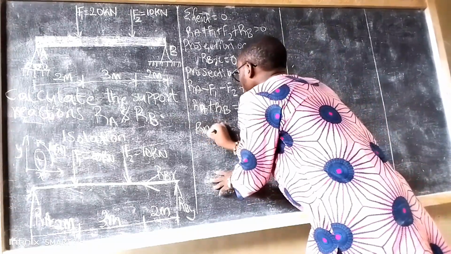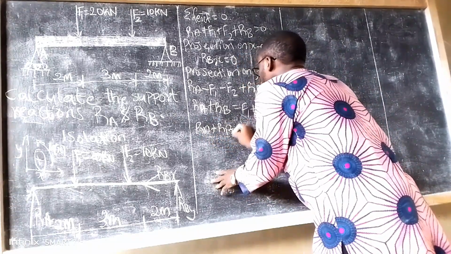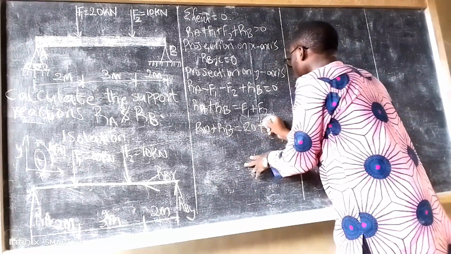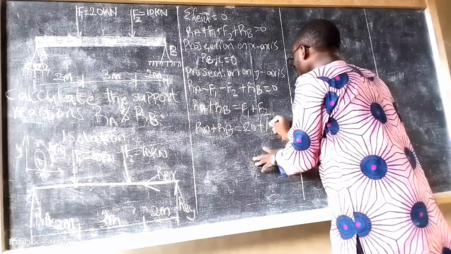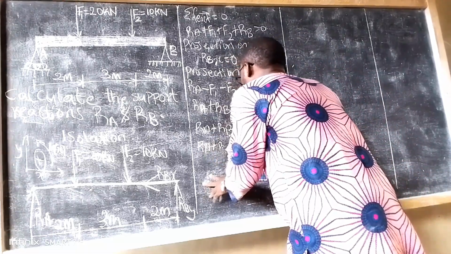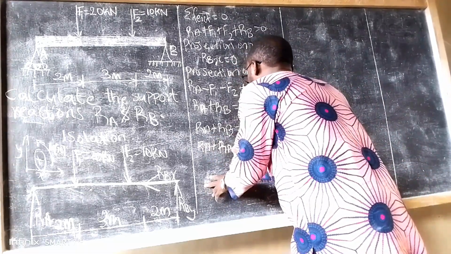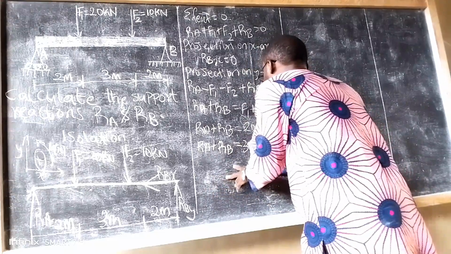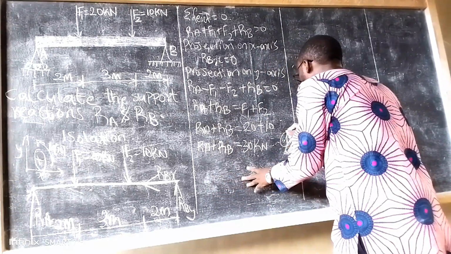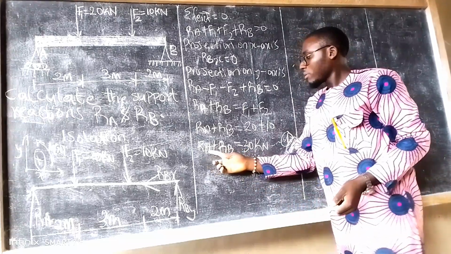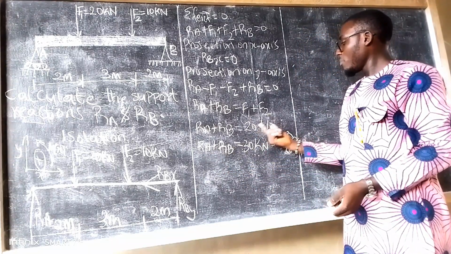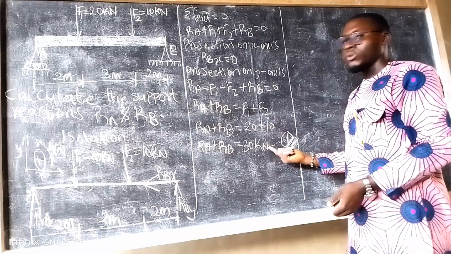Our F1 is 20 plus F2, 10. So RA plus RB is equal to 30 kilonewton. This is my equation 1. We sum F1 plus F2 to give us 30 kilonewton.